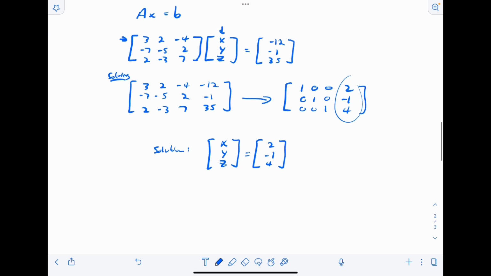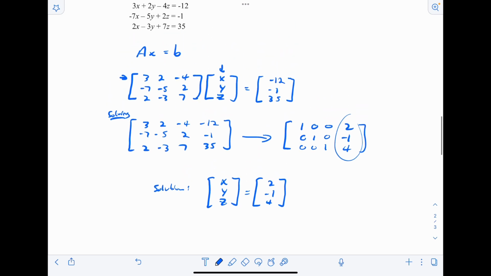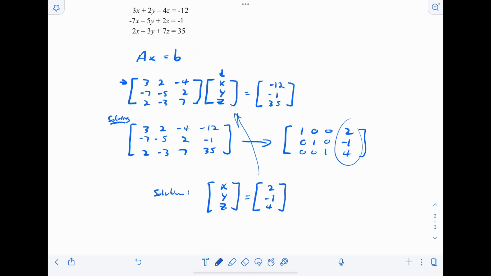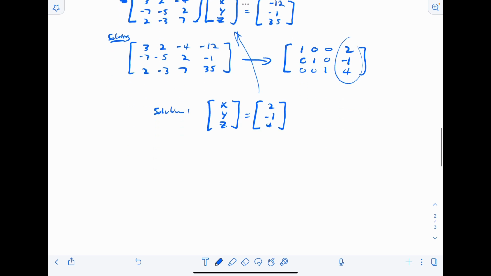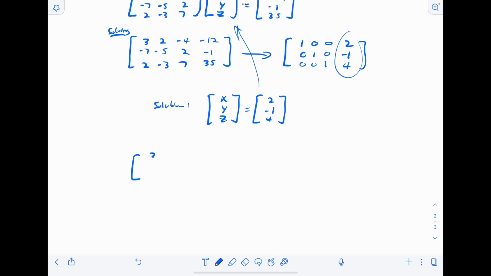Or I could even put this right back into that original equation and write this whole thing out as the coefficient matrix 3, 2, negative 4, and then 2, negative 3, and 7, times 2, negative 1, 4, is equal to negative 12, negative 1, and 35. Just another way to think about writing this.